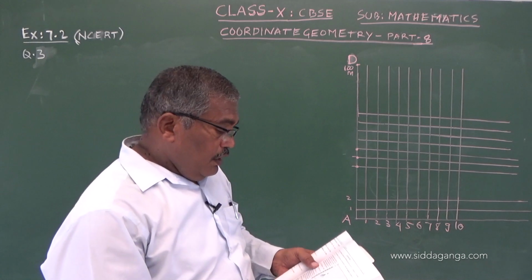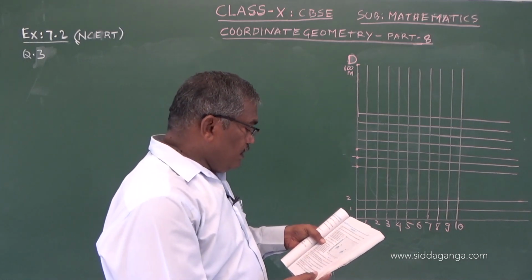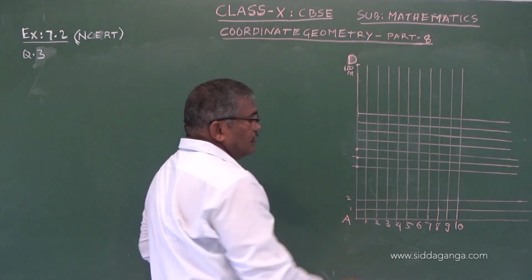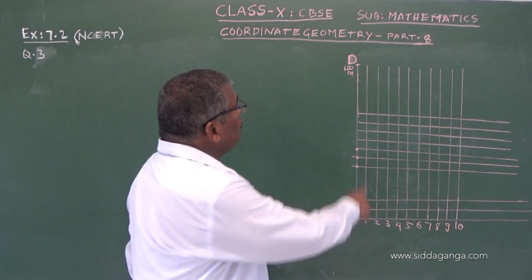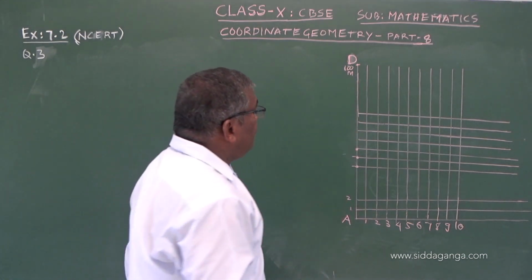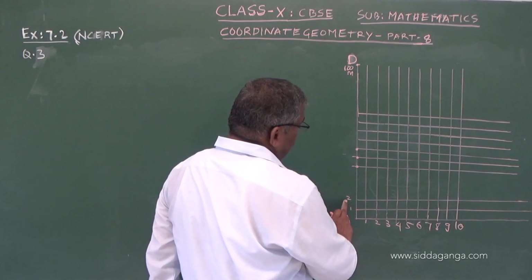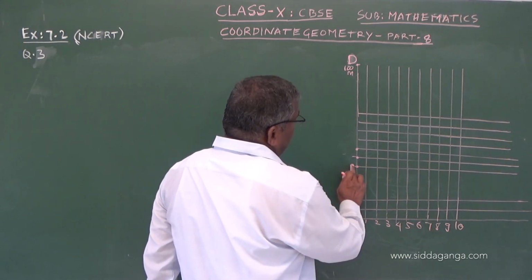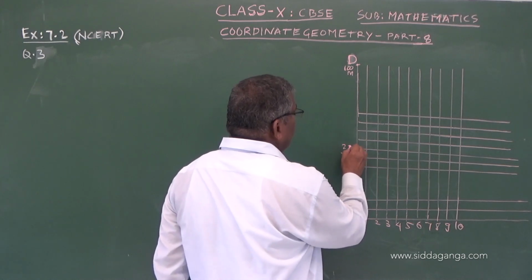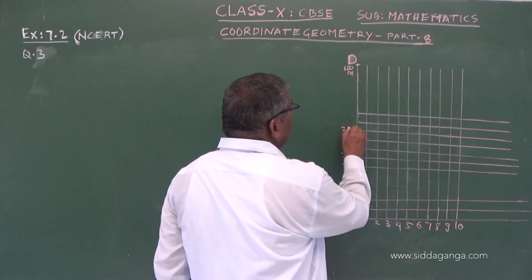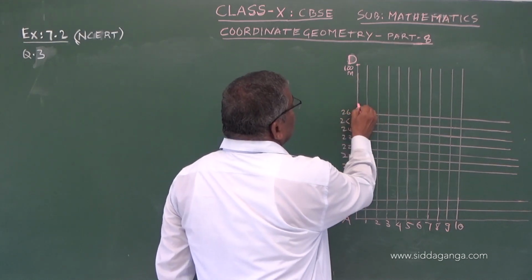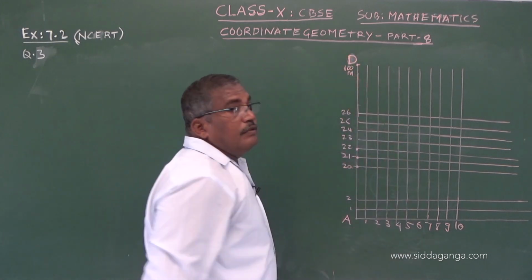So now Niharika runs 1/4 of the distance AD. So AD, as we observed, it is 100 meters. 1/4 of 100 meters means 25. So let us say this is 1, 2, 3. Say this is 20, 21, 22, 23, 24, 25, 26. And it will continue up to 100.